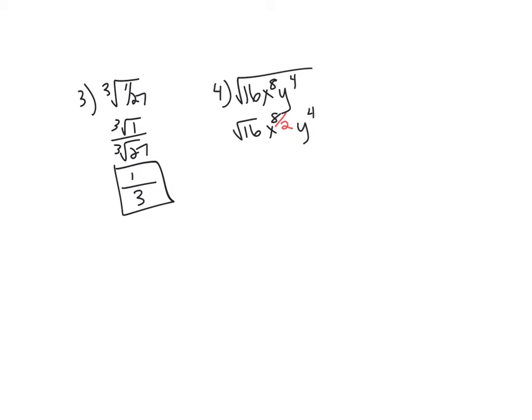Y to the 4th, again I can take that denominator and divide it by 2. So the square root of 16 is 4. 8 divided by 2 is 4. And 4 divided by 2 is 2. With the square root, we want to make sure the answer stays positive, but notice that our two exponents, 4 and 2, are positive. So 4x to the 4th y squared will always be positive, so we don't need absolute value.